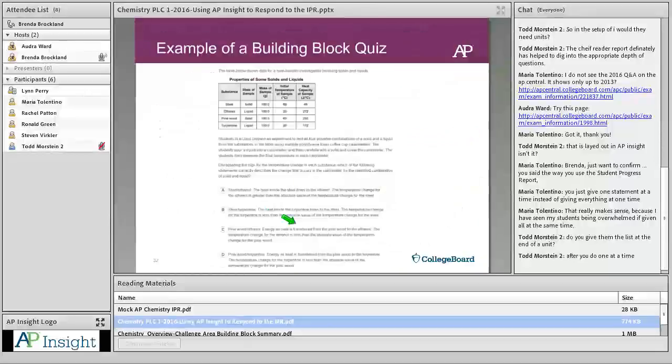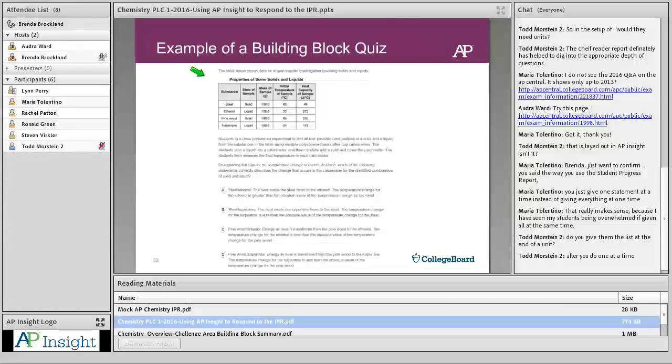All right. So the quizzes, of course, if you've started to use the Insight program, and if you haven't and you're new to it, those building block quizzes are also going to give you some pretty good information to let those students know how they're doing on their own. And remember, you get all that great feedback afterwards, right?